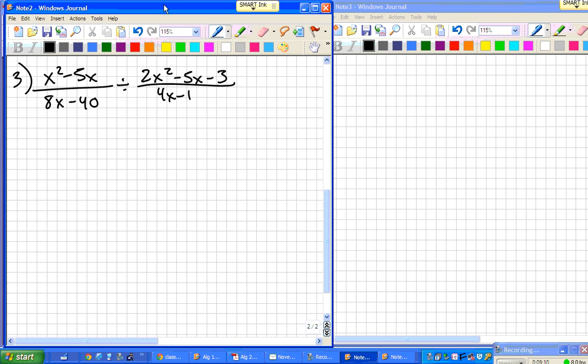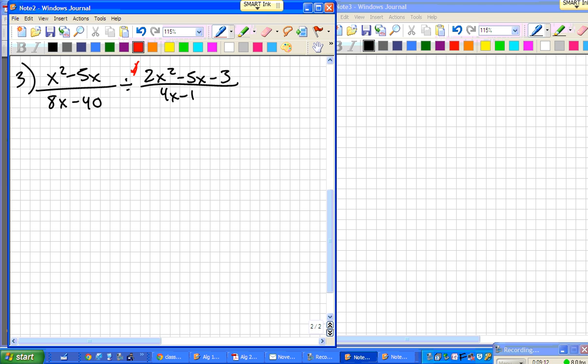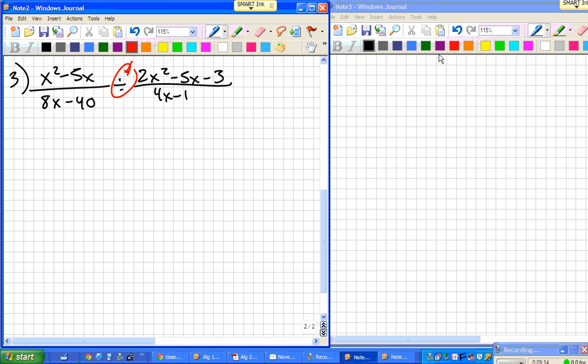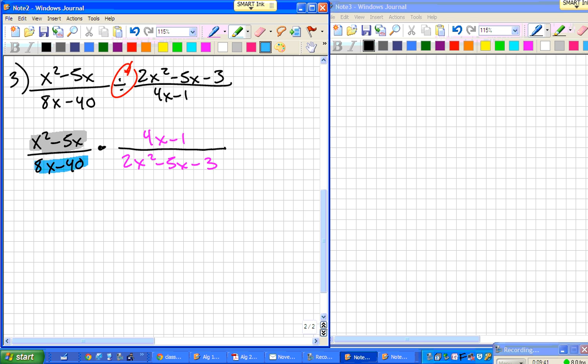So the first thing that we're going to have to do is what I notice is you're going to have to flip something. Okay? So we got x squared minus 5x over 8x minus 40. Change it to multiplication. 4x minus 1, 2x squared minus 5x minus 3. Okay? So we have all 4 of these need to be factored.